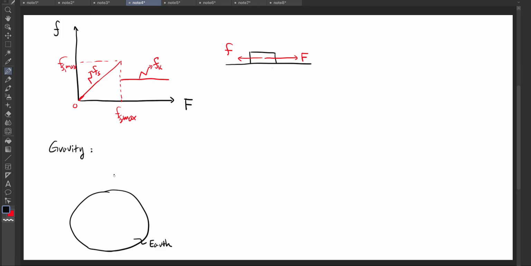Let's say it's a box, okay? But now it's in the air, right? So we don't need the contact between box and the earth to generate this gravity. Even if they're separated without contact, there's still gravity acting on a box that we call the mg.